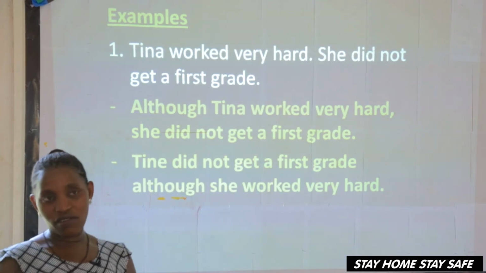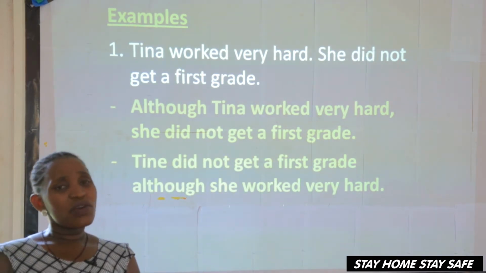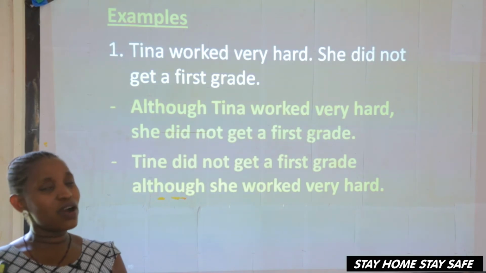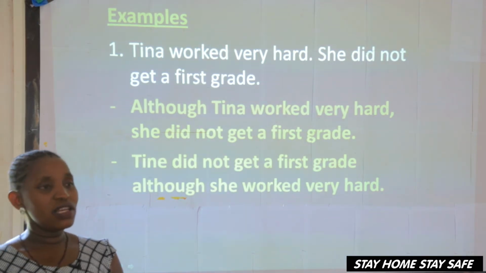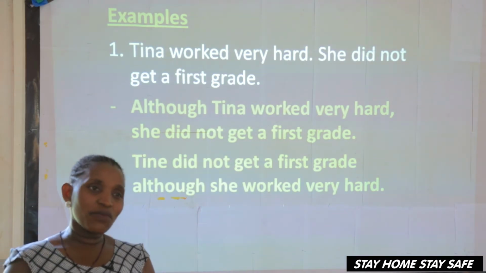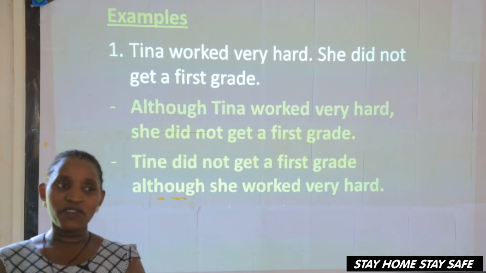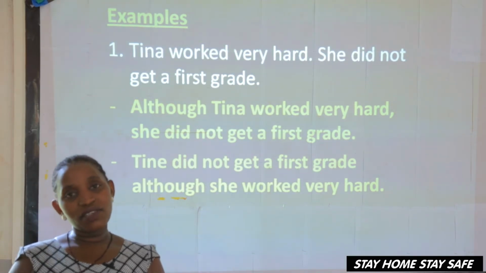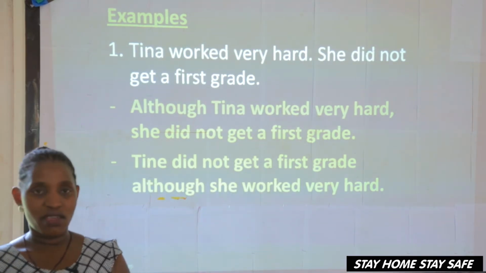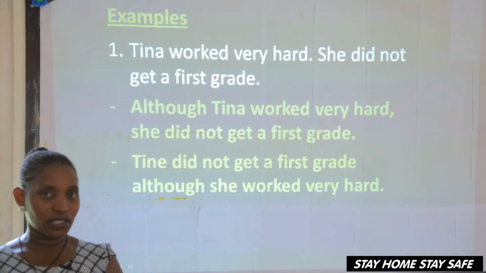Oh, this was very heartbreaking. What do we expect? We expect someone who is working very hard to get a first grade. Maybe this girl was every time consulting teachers, revising, not playful in class, but the result was heartbreaking. This girl did not get a first grade. What a disappointment.